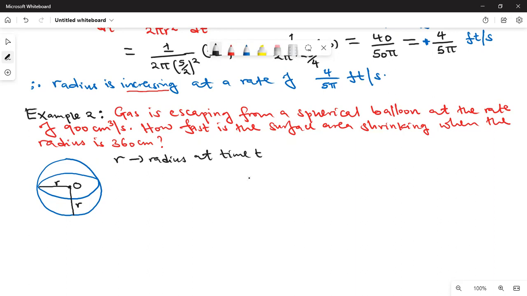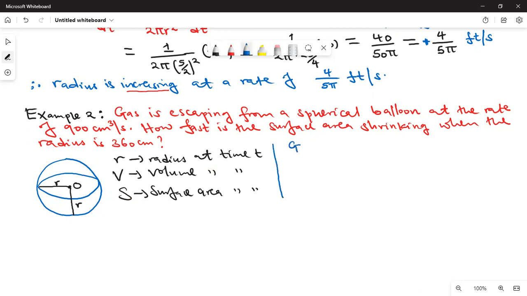You see, the radius is decreasing. Also V to mean volume at time t, and S to mean surface area at time t.